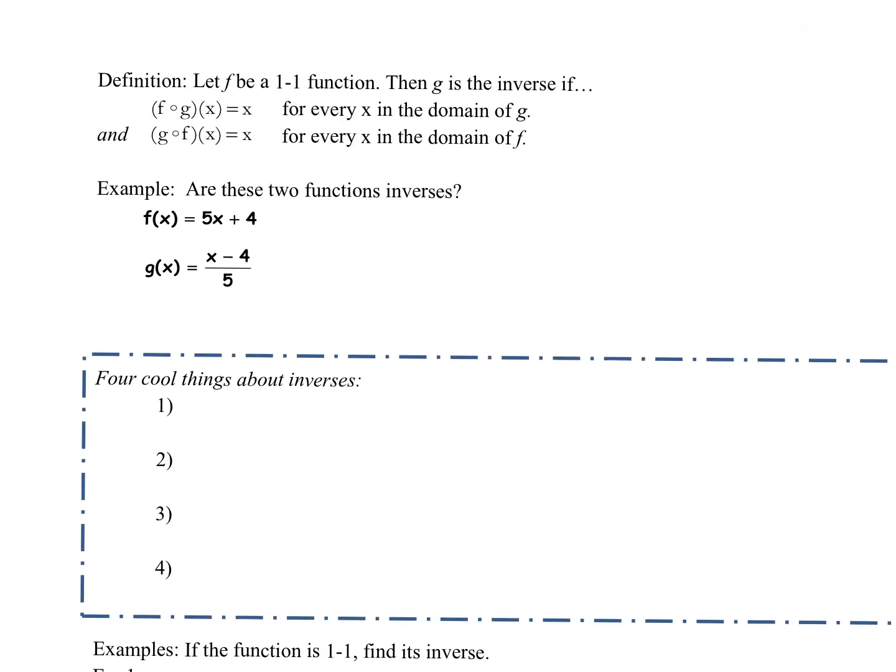Okay, so here's our definition of determining if something is an inverse. It's been a long time since we've talked about these, but hopefully you remember this notation. When you do f of g and when you do g of f for two equations like these two, if they both simplify to x, then yes, they are inverses. That's what this formal definition means. So I'm going to write that off to the side.